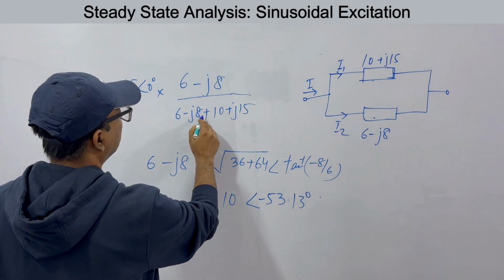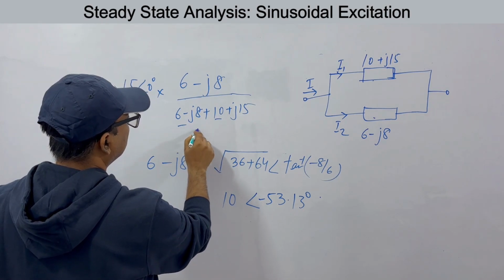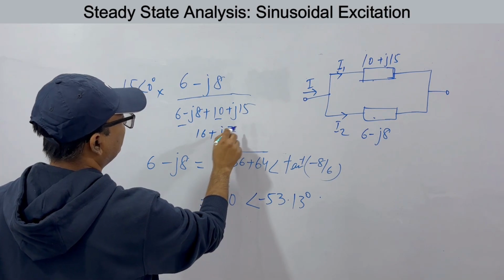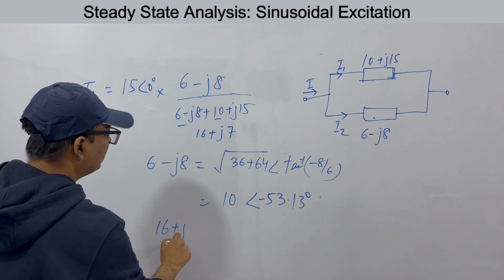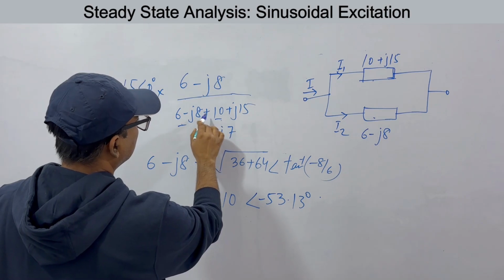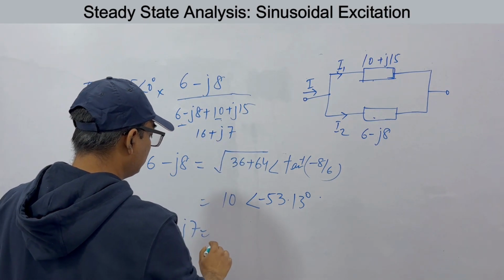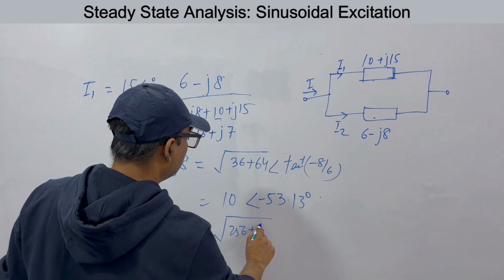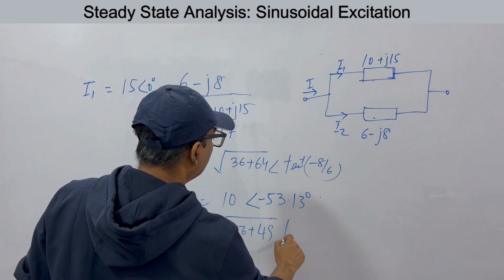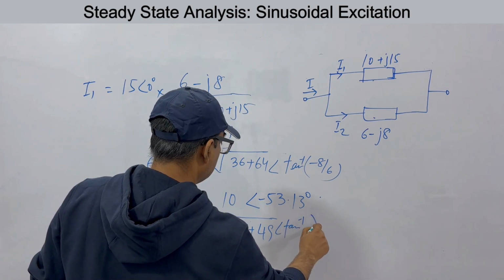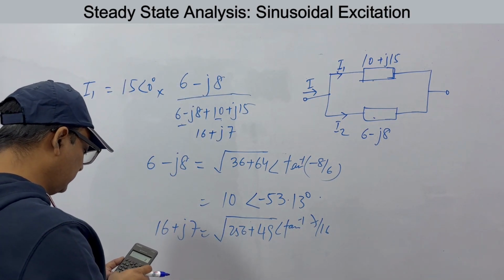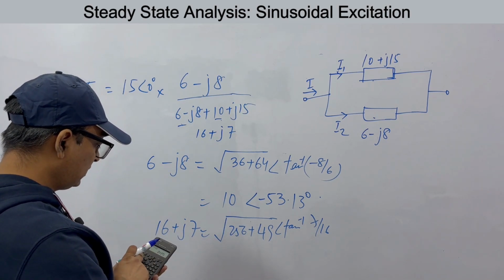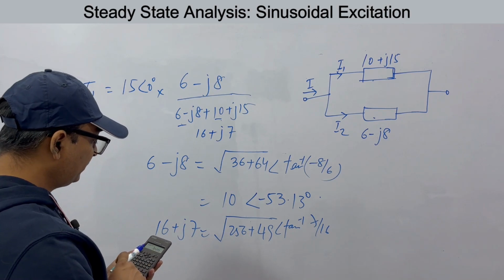Similarly, you will get 6 plus 10, that is 16, and 15 minus 8, so this will be j7. So 16 plus j7. This will be root of 16 into 16, 256, plus 7 square, 49. And the angle will be tan inverse 7 by 16. First, let's find the angle. 7 by 16, and you take tan inverse of it.